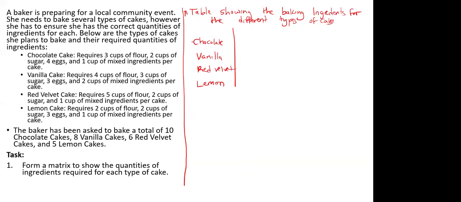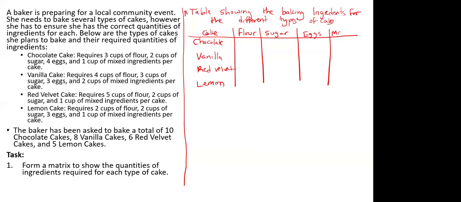Now I'll come here and I draw my table where I have the cakes. Then after that, I'm going to put here, what are the requirements when they're making cake? There was flour, there was sugar, we had the eggs, and then we had what we call the mixed ingredients.